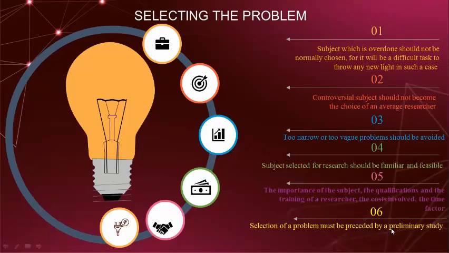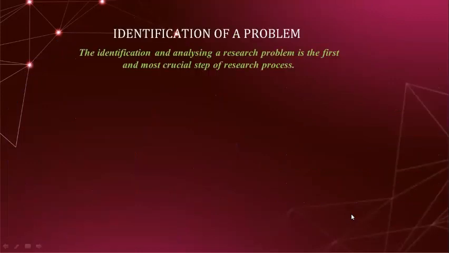Why must you do a preliminary study before you actually narrow down upon a particular problem? Because you must know by the preliminary study what the available techniques are, what information is available, and whether the study is actually feasible or not. So you need to see these things before selecting the problem.